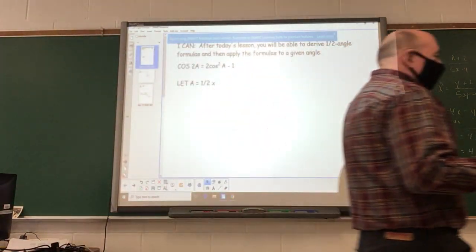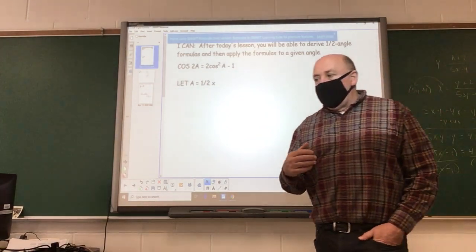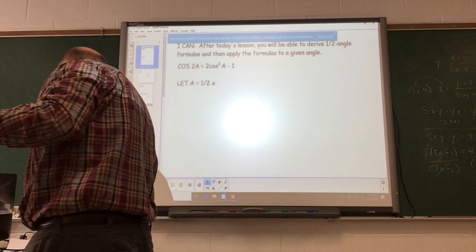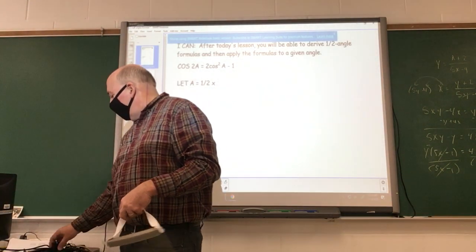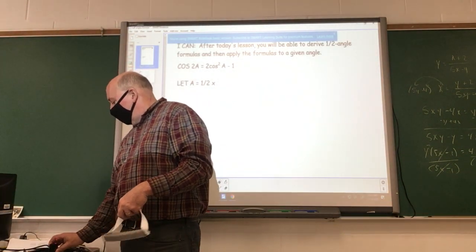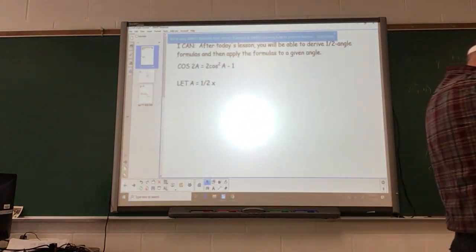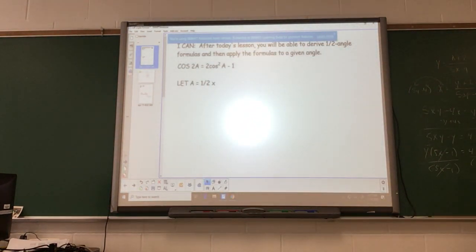We had 3 different formulas for the double angle for cosine. One of them was the cosine of 2a is equal to 2 cosine squared a minus 1. That's what we just utilized also.